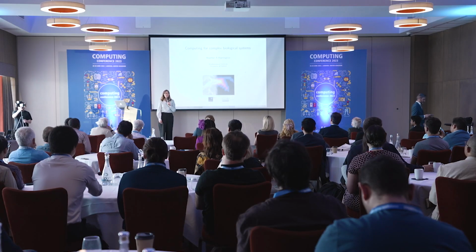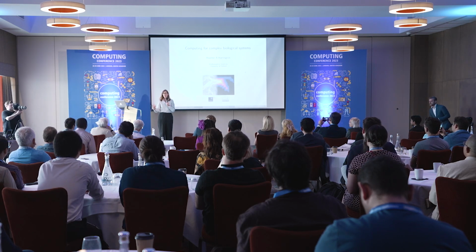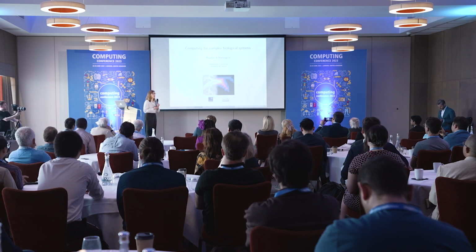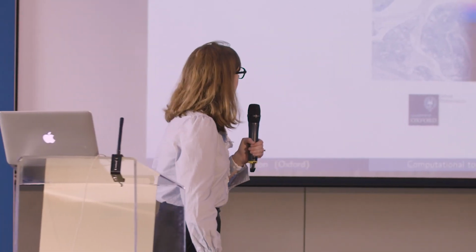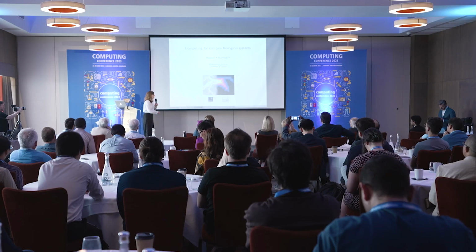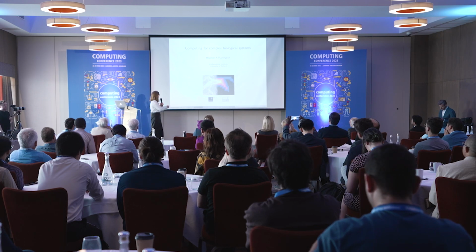So I wanted to motivate some of our research, which starts with some type of complex biological system. We're really working across molecular cell biology and genetics, and more linking with medicine and the clinic.